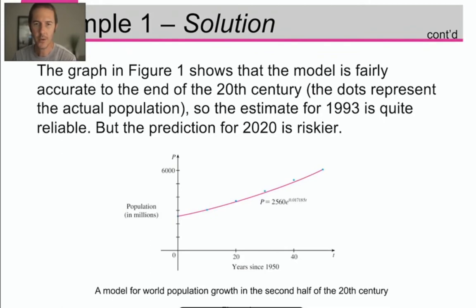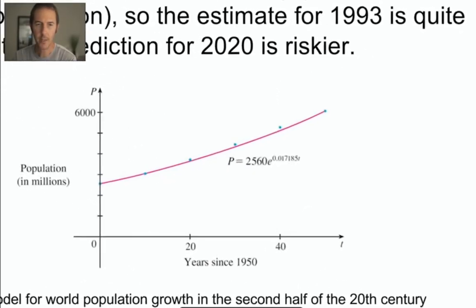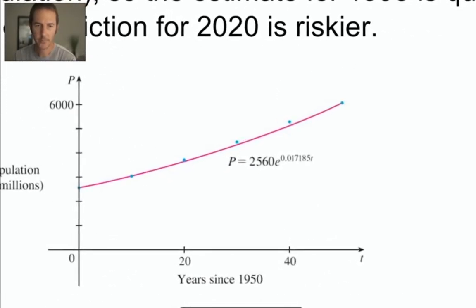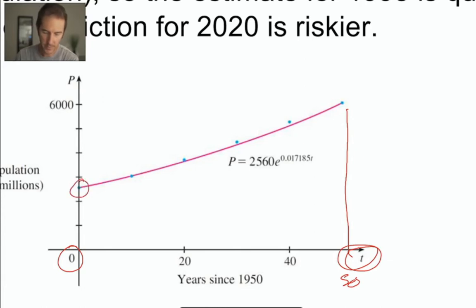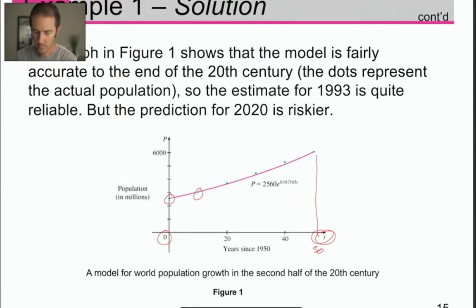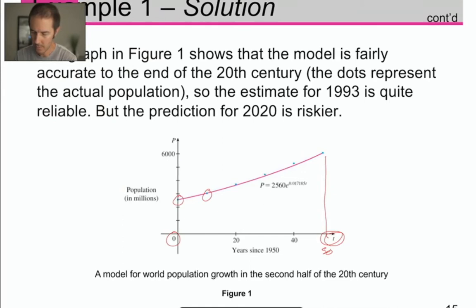What you're seeing here is a graph of the equation that we just created, from a t value of 0 through a t value of 50. And the points that are plotted here are the populations in 1950, 1960, and then our approximations are there also.